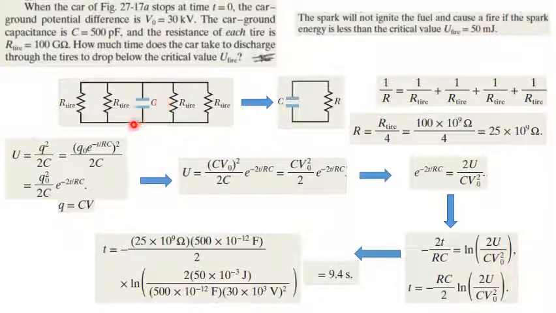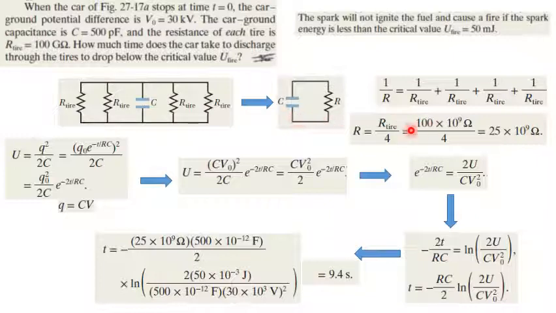Here we have the capacitor, we have four parallel resistances which correspond to the tires. We can say that the equivalent resistance is 1 over R equals 1 over R tire plus 1 over R tire plus 1 over R tire plus 1 over R tire, the four resistances. So effectively the equivalent resistance is R tire over 4, and the tire resistance is 100 giga ohms.